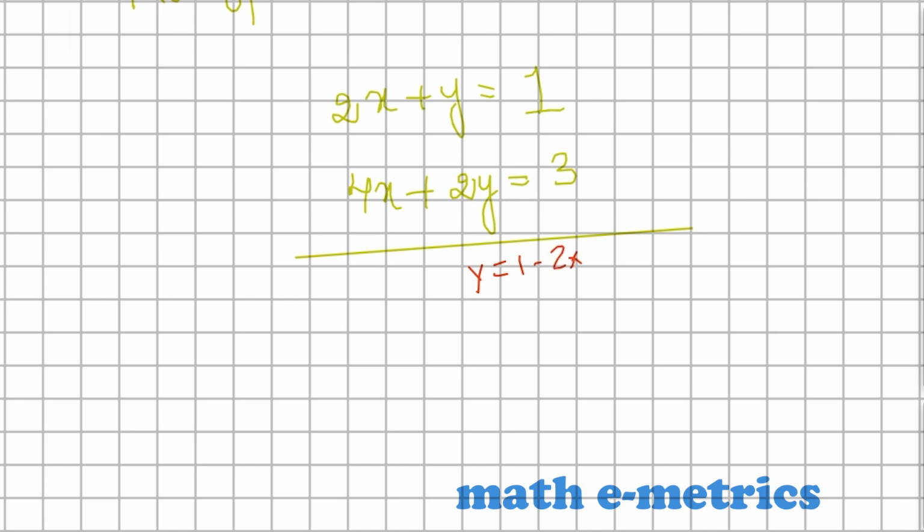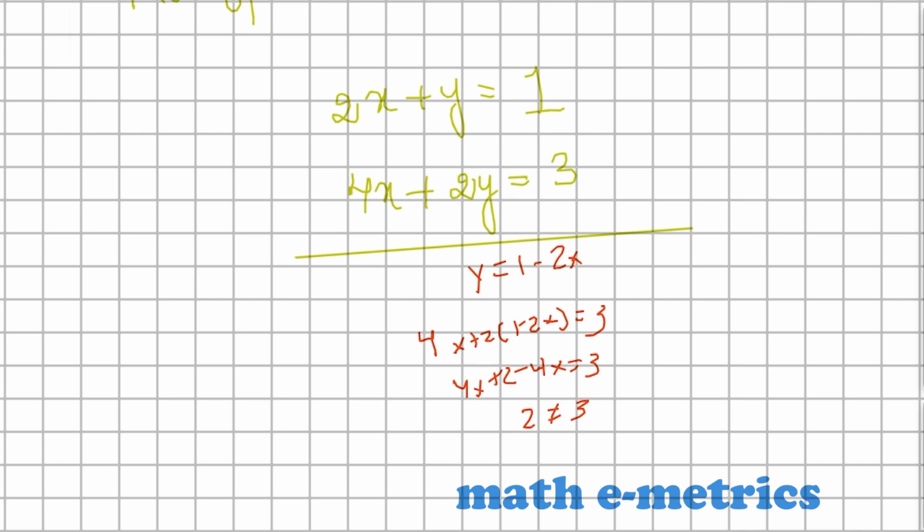Then if we put that in, it would be 4x plus 2 minus 4x equals 3. So 4x and this cancel out, so 2 doesn't equal 3. So these two lines don't intersect, right?